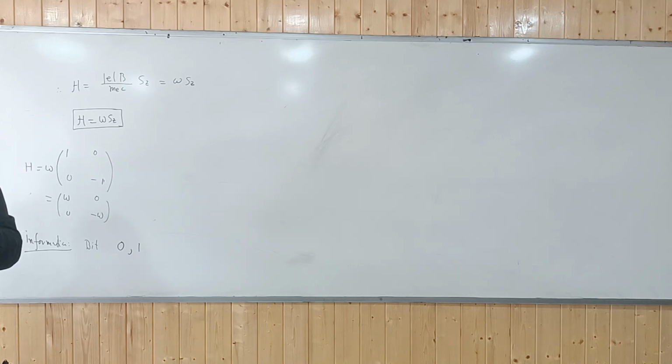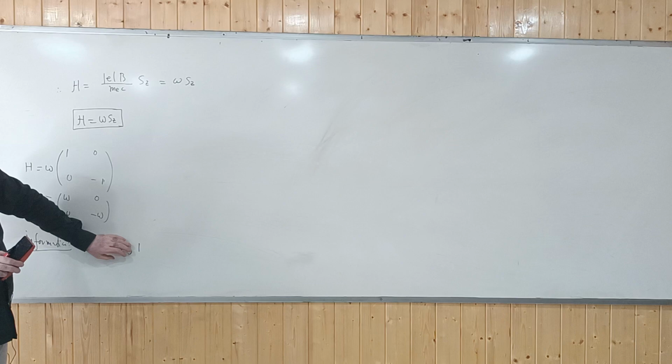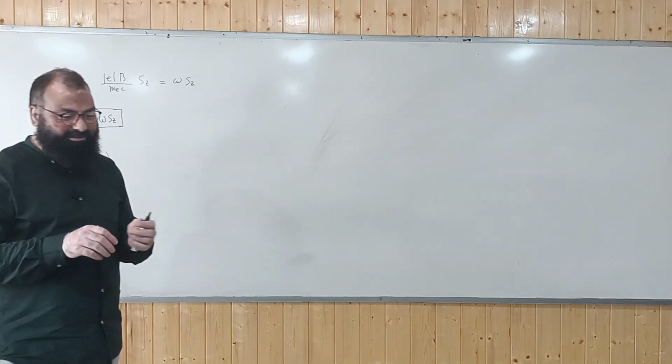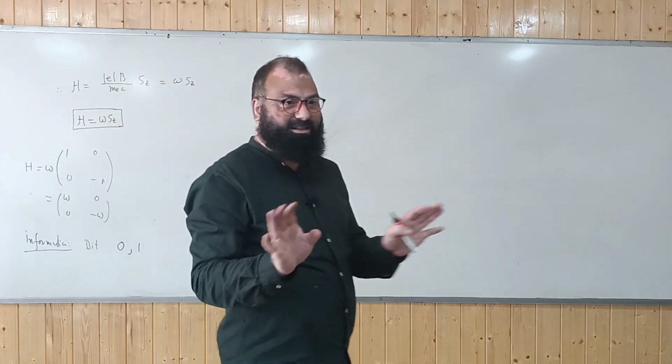If you have to store on CDs or DVDs, how do you store it? You are magnetizing that material, such that the material is divided in a way that you get either zeros or ones. Let me give it this way: let's say you have these spin-half particles.